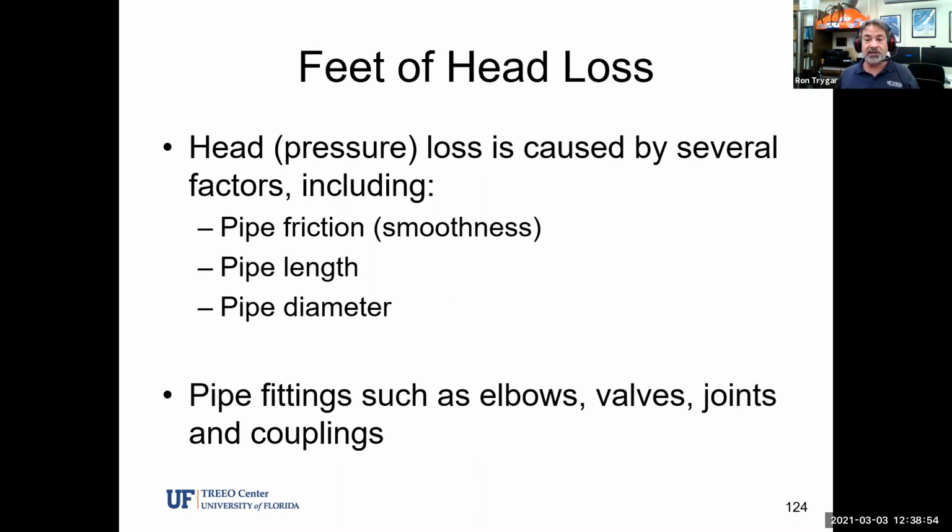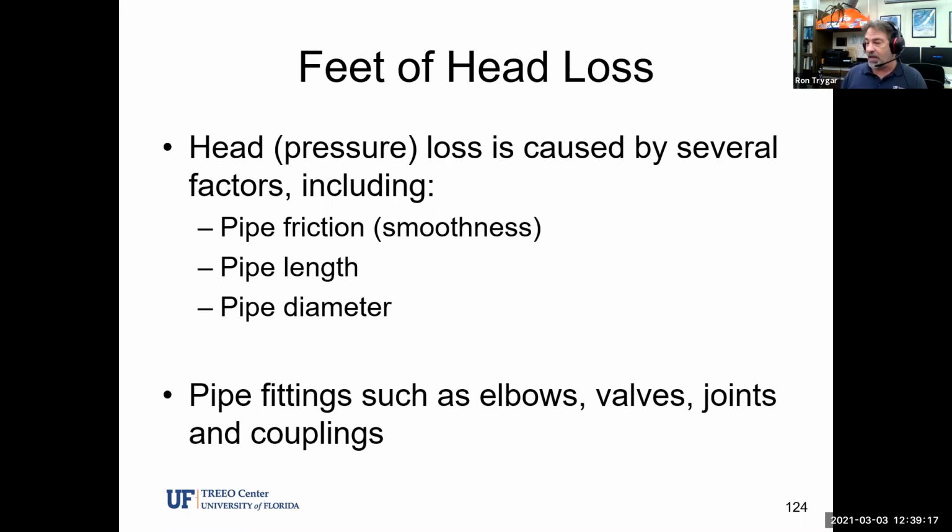A brand new piece of pipe would be really smooth, whereas a corroded piece of iron pipe may have a lot of tuberculation and might be very rough. So pipe friction makes a difference. So do the length of the pipe, how far we're moving the water, miles or however far, and the actual diameter itself. All those things go into the head loss.